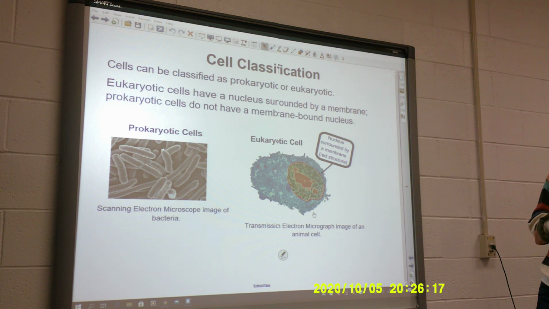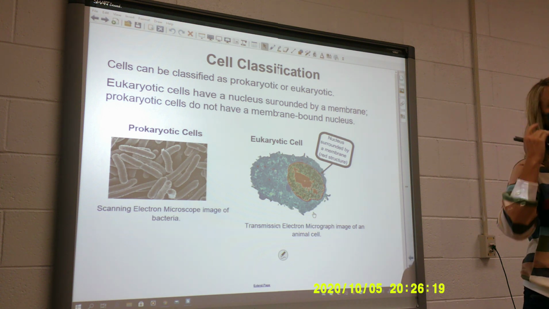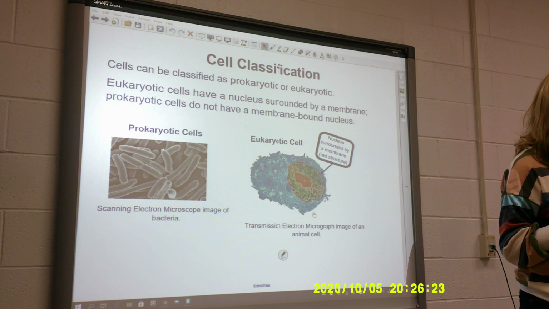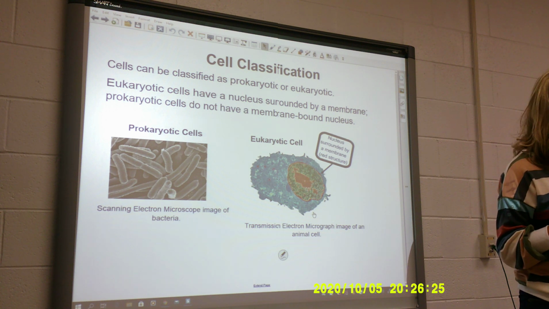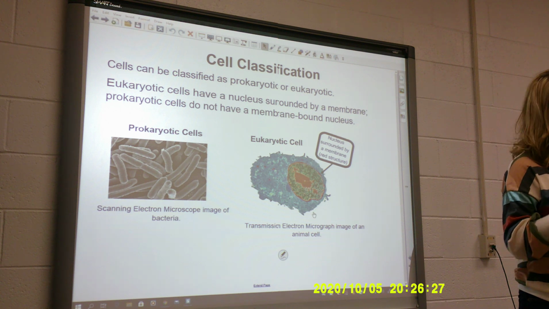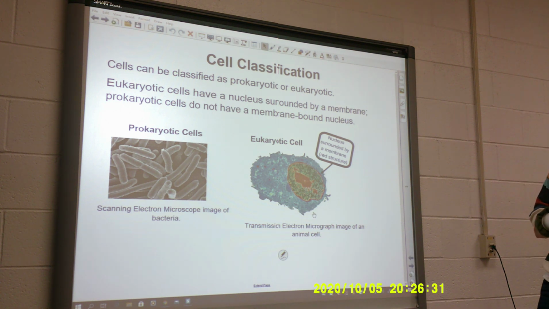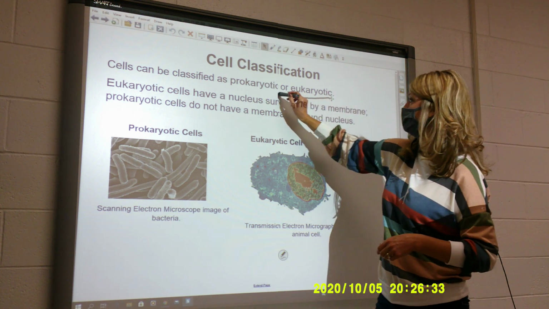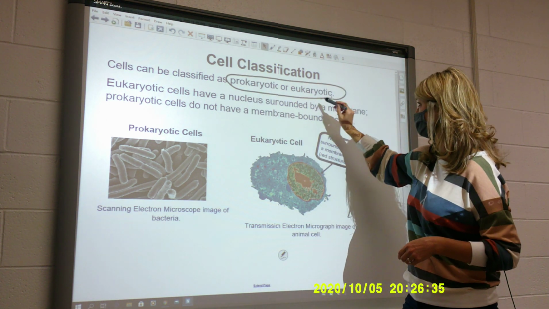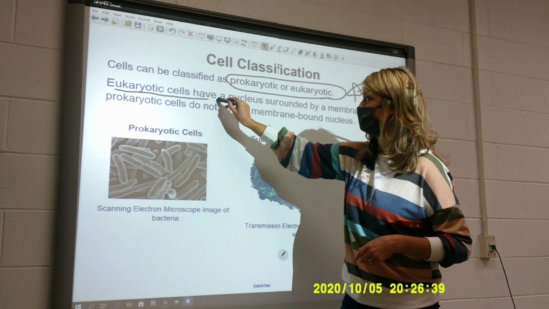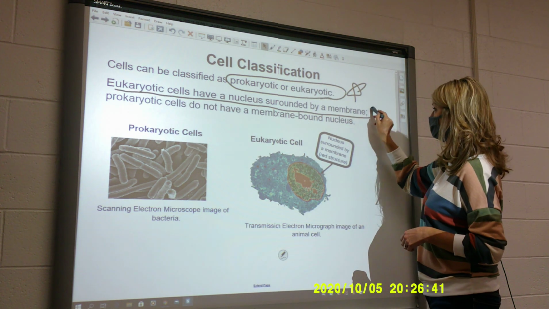All right, cell classification. I know this one from years past are probably not terms that you've heard before. Eukaryotic and prokaryotic, have you heard those terms before? I didn't imagine so. Cells can be classified as prokaryotic or eukaryotic. Eukaryotic cells have a nucleus surrounded by a membrane.